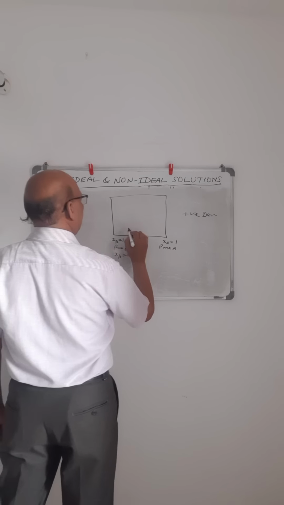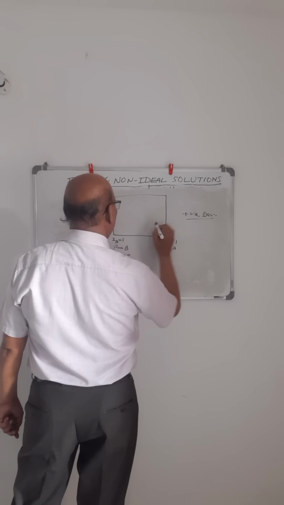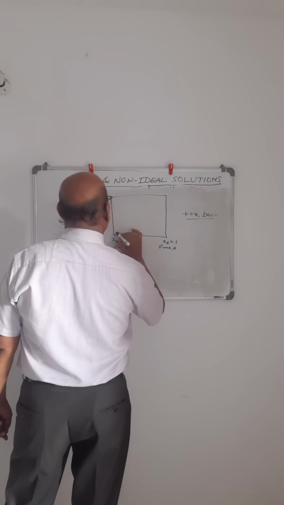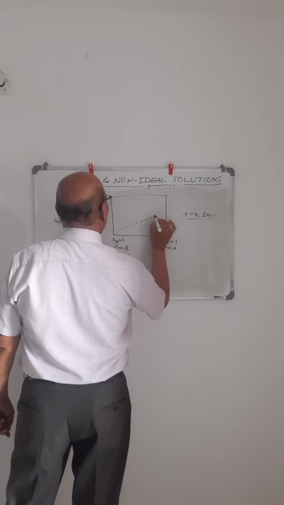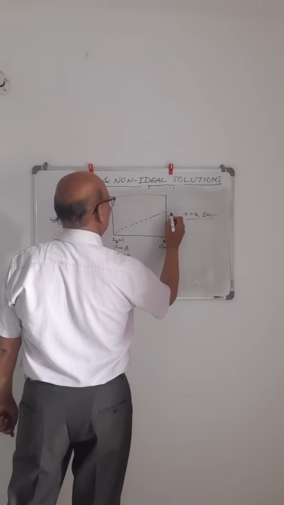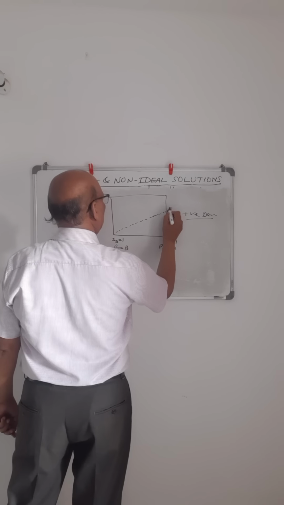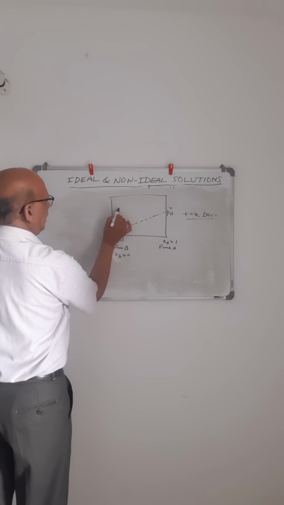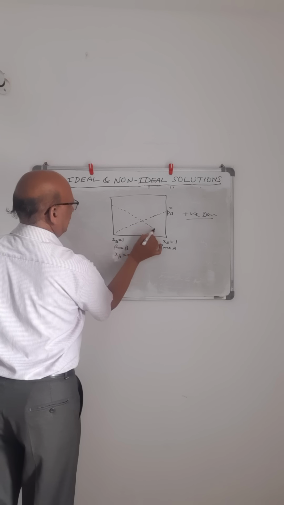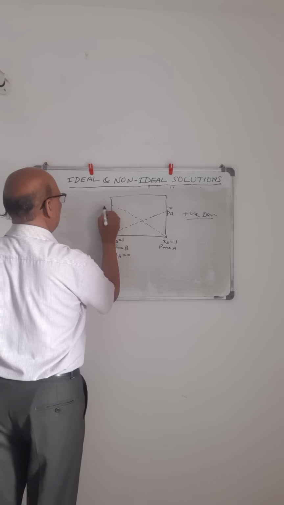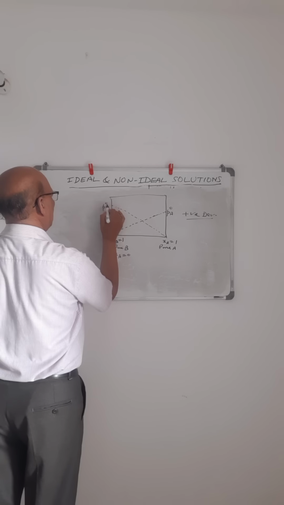So if I make this the ideal solution, it will be like this. This will be PA naught, and if it were an ideal solution, it would have been PB.